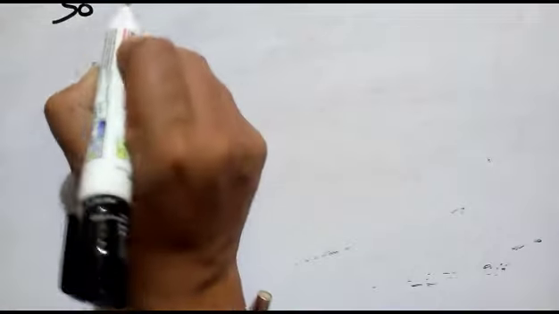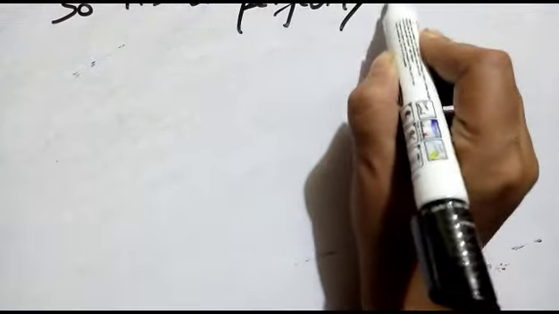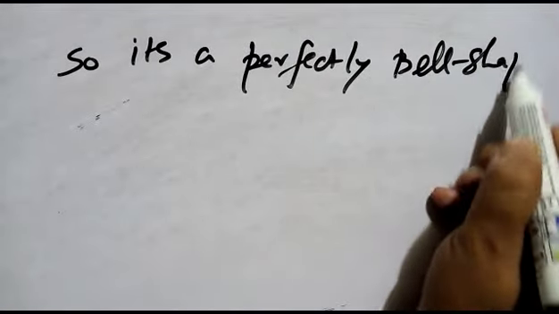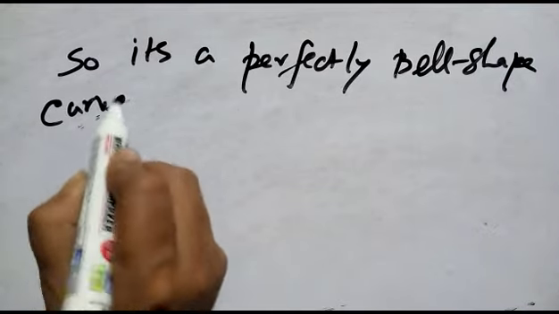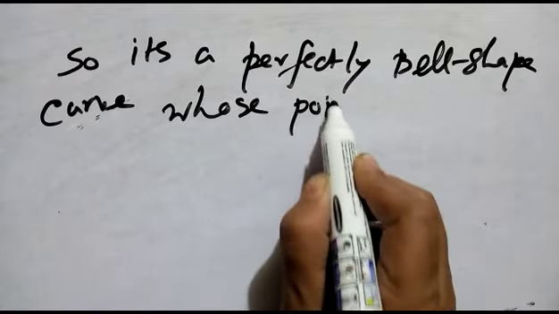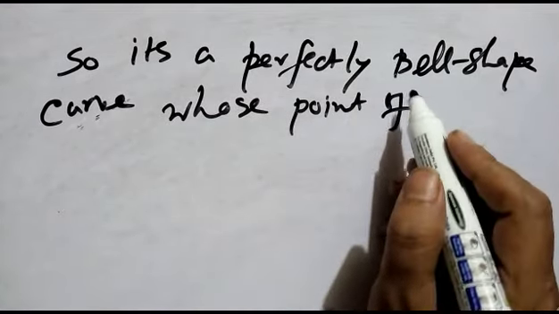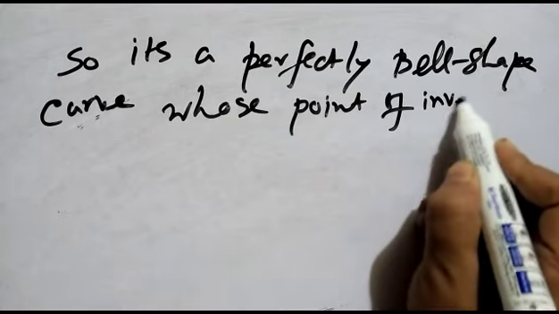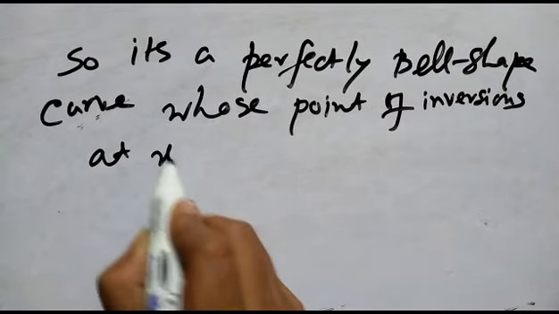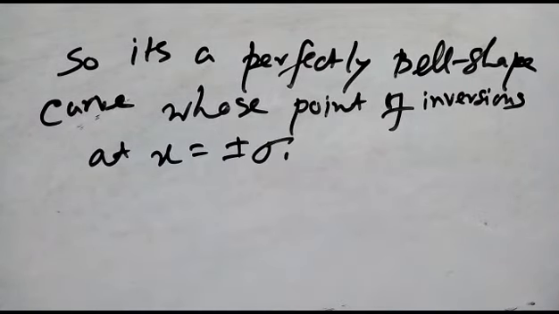That means it's a perfectly bell-shaped curve whose points of inflection are at x equal to plus minus sigma.